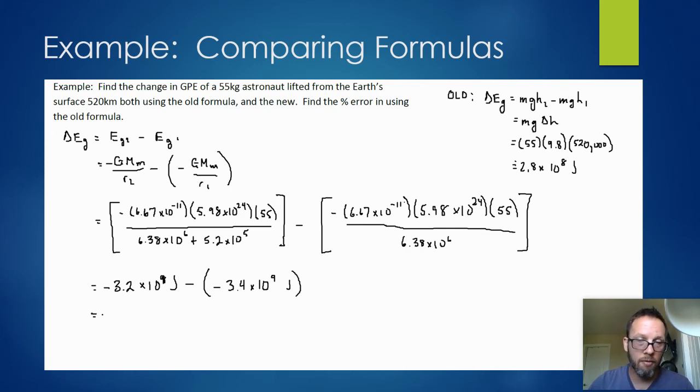And if you subtract those two values, lo and behold, negative 3.2 times 10 to the 9 plus 3.4 times 10 to the 9, we get about 2 times 10 to the 8.